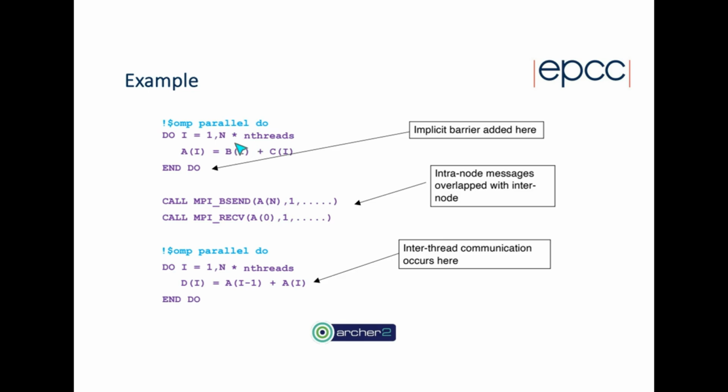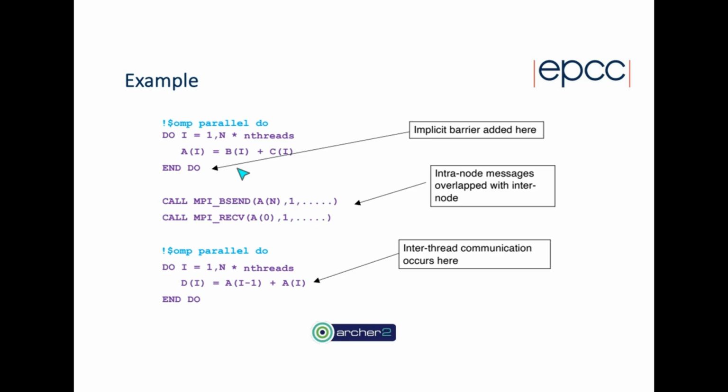You wouldn't really write it like this, but to make it clear, because I've now got multiple threads per process, if I want to keep the problem size per core constant, then the parallel loops become longer by a factor of the number of threads.